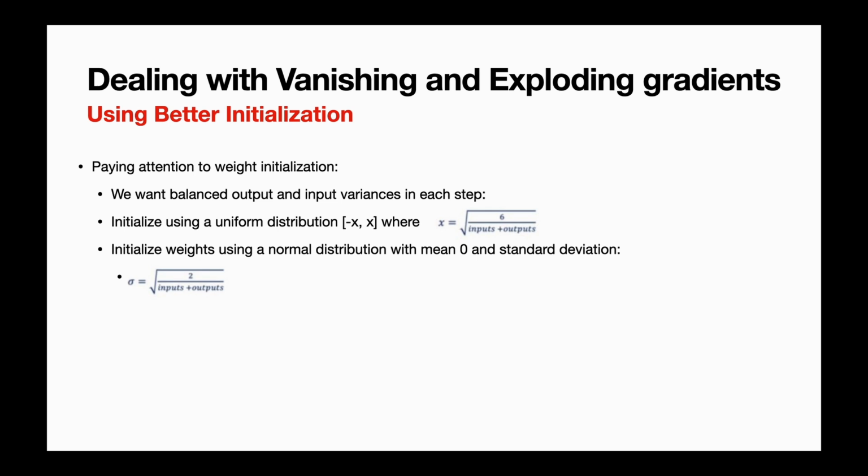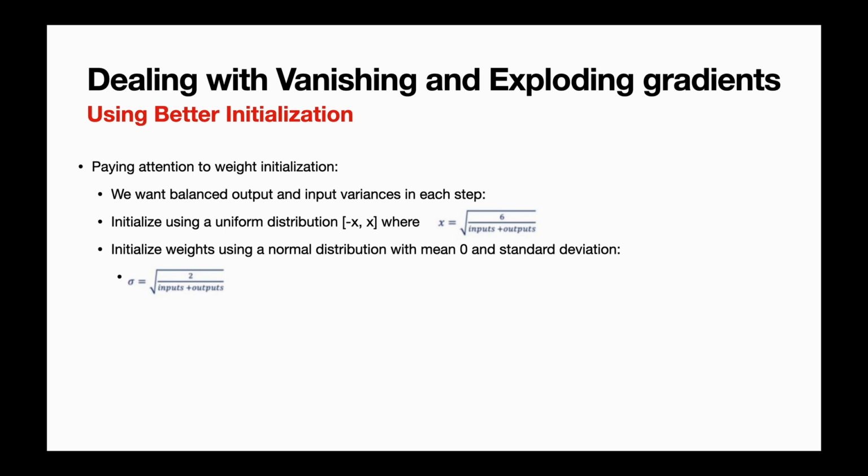Let's say the inputs in one layer are 6 weights and the outputs are 12. The way we initialize that should be completely different from the way we initialize something with 2 weights in and 4 weights out. So these should be different.